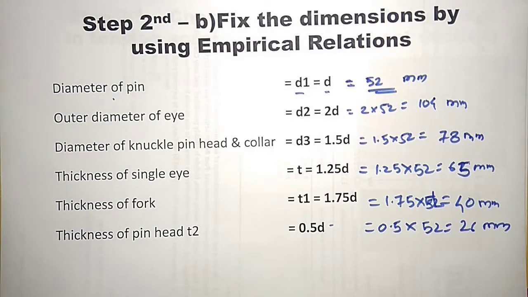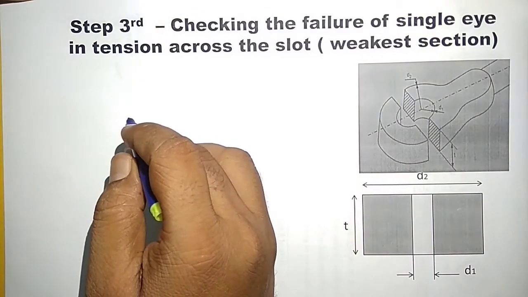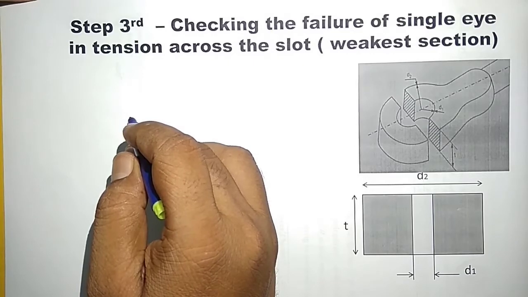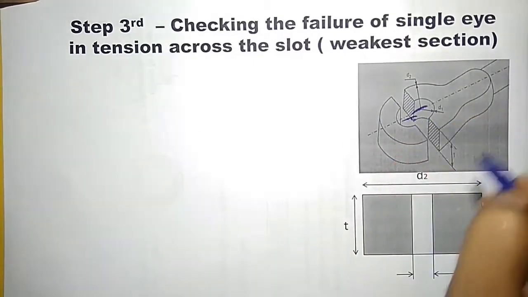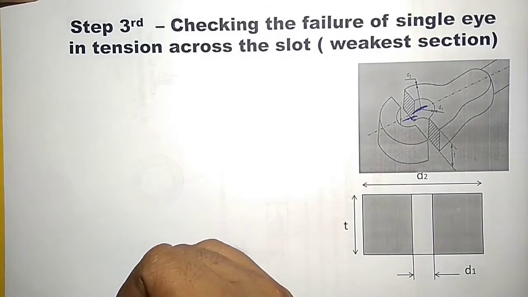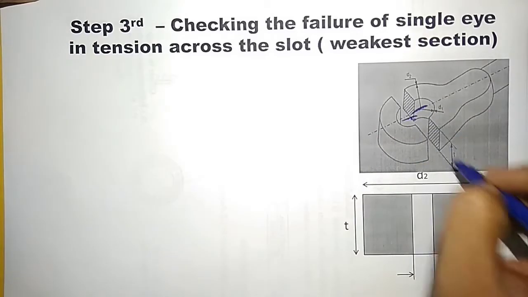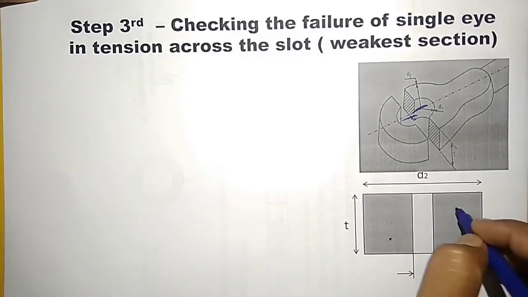In the next step, the third step, we check the failure of the single eye in tension across the slot, that is, at the weakest section. This slot is the weakest section for the single eye. If we see the cross section of this single eye, it will be like this.